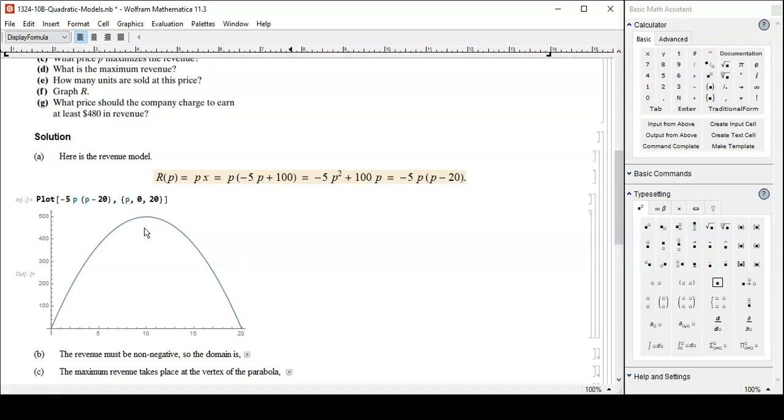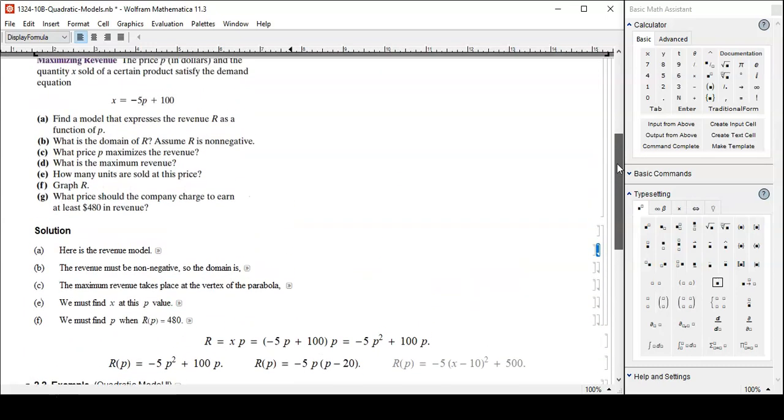And at the average, P equals 10, we have the vertex, and that's the maximum because the a value is negative. And for the maximum at P equals 10, I can find the maximum revenue by plugging in P equals 10 right here and running your calculator.